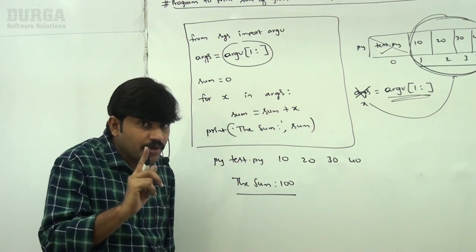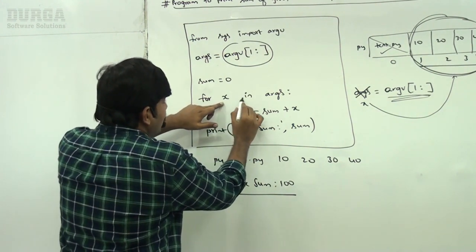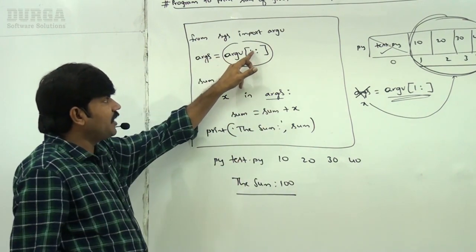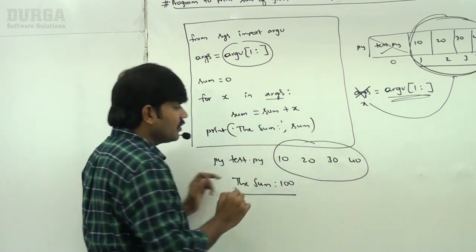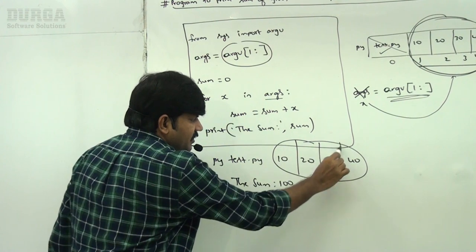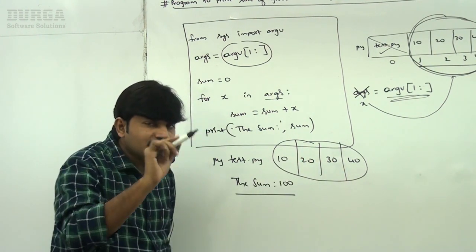Observe carefully, very important point, sir. For each x in args, args means argv[1:]. So this is the args. For each x, first time x, next x, next x, add this x to sum. Here there is one small problem.